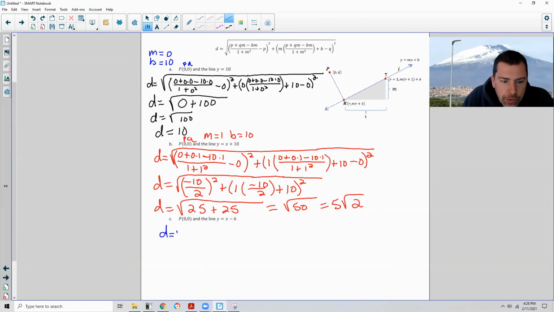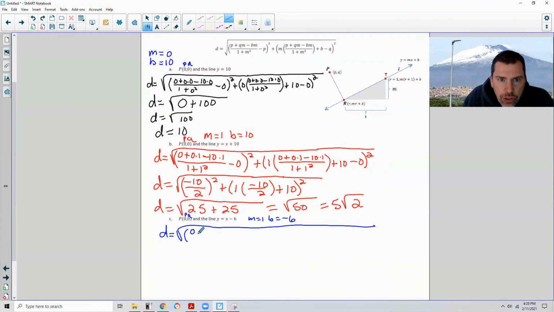D equals the square root of parentheses. So I'm doing this, P plus Q minus M. Again, it's zeros, a lot of zeros. P, this is P, this is Q, M is 1, and B equals -6. Yes, slope of 1, y-intercept -6.